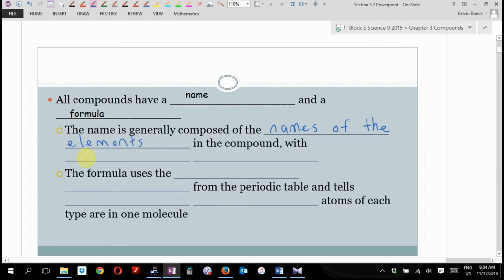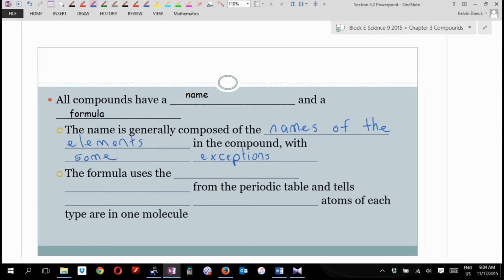With some exceptions, water, well, that doesn't sound like hydrogen and oxygen, but we know what it is.